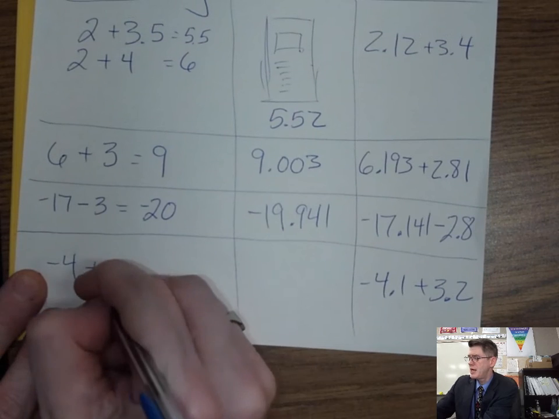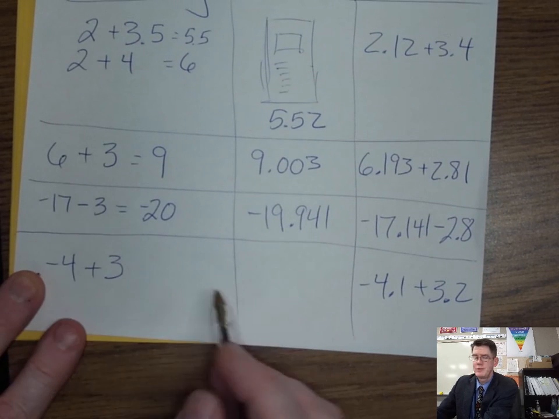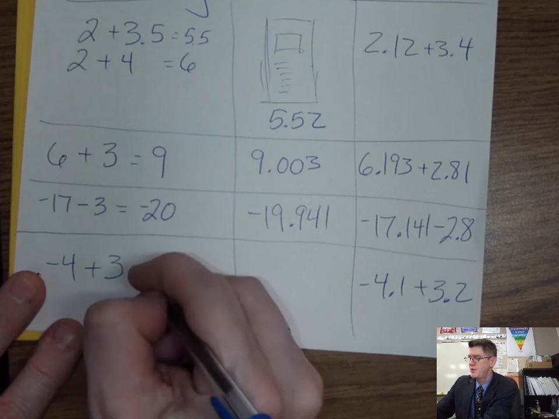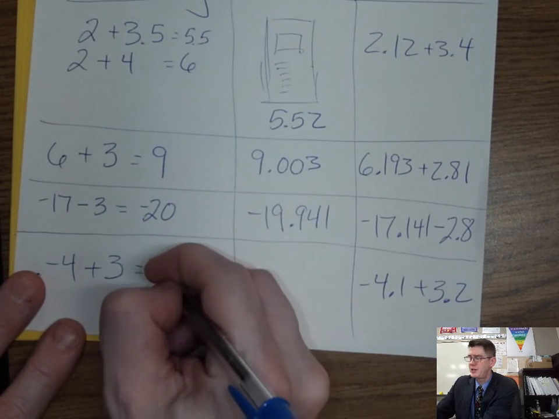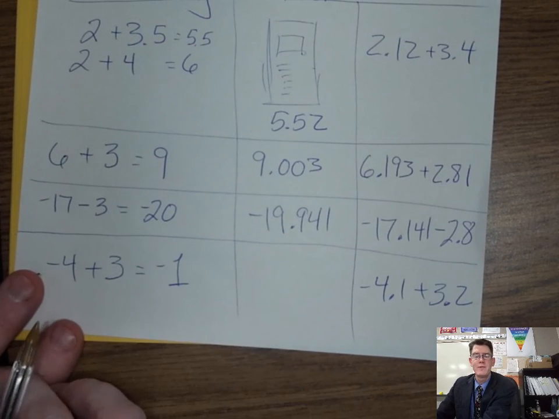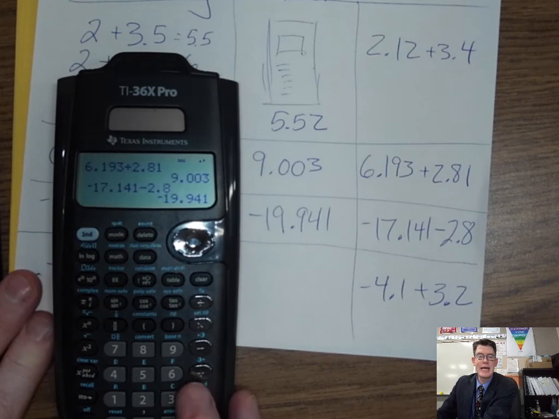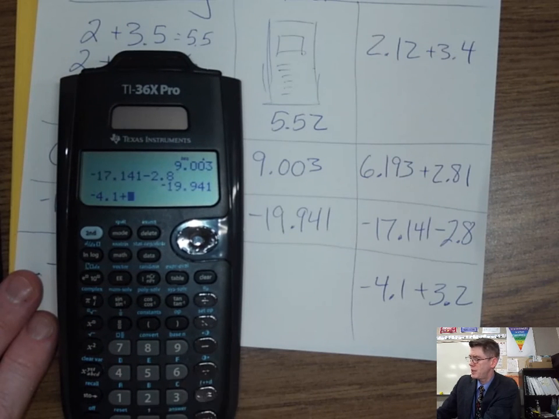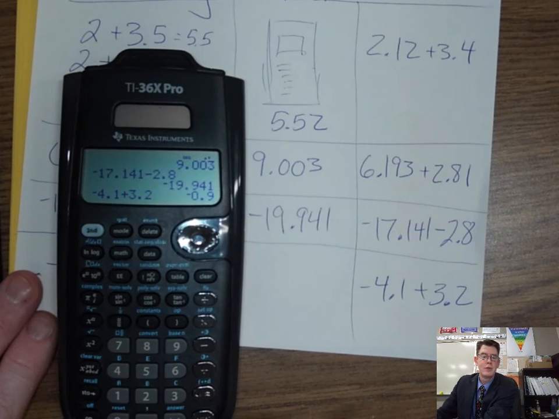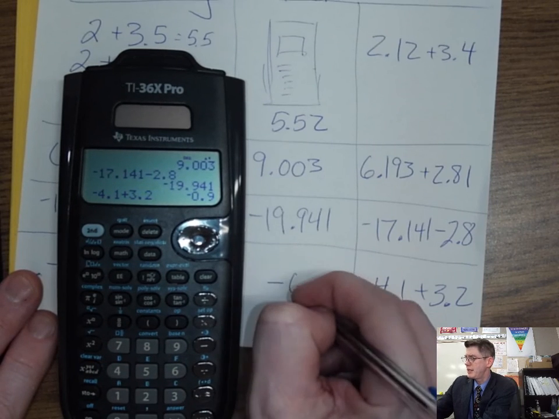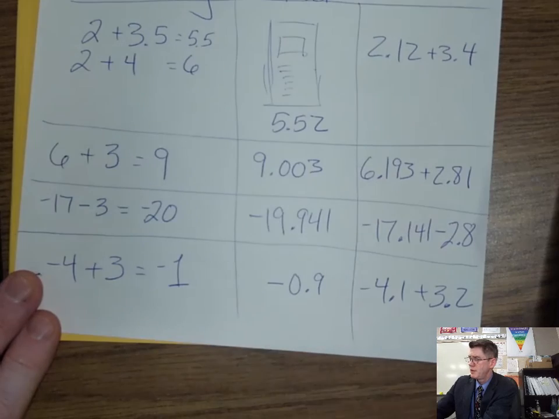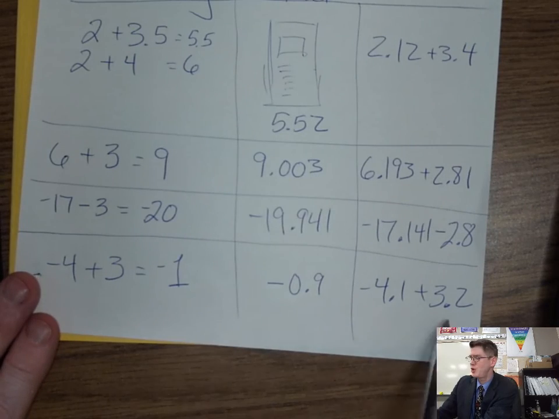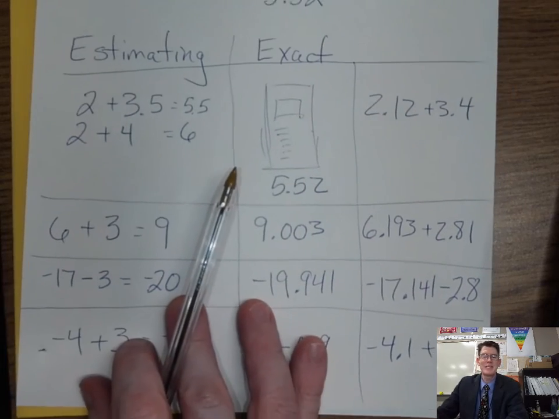And then plus, that's a 3. Negative 4 plus 3. You can use a calculator to do this if you'd like. You get negative 1. To get the exact answer then, to see how close our estimate is, negative 4.1 plus 3.2, it's negative 0.9, which is almost exactly on. They keep coming close, and that's exactly right.